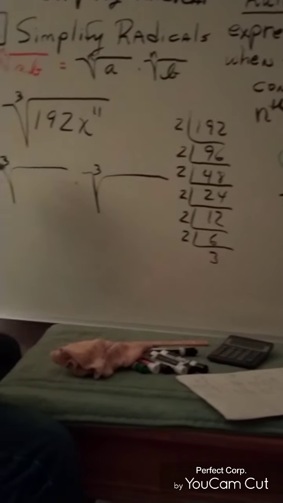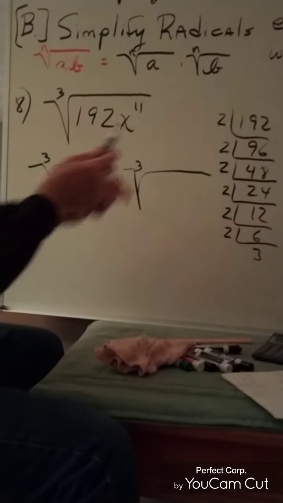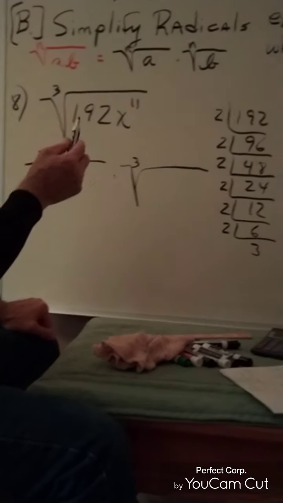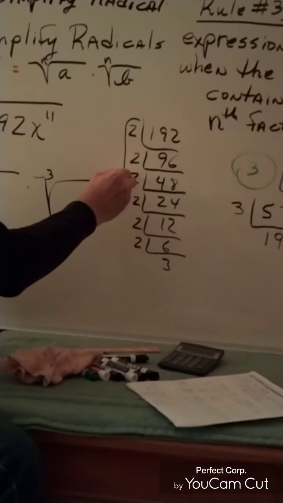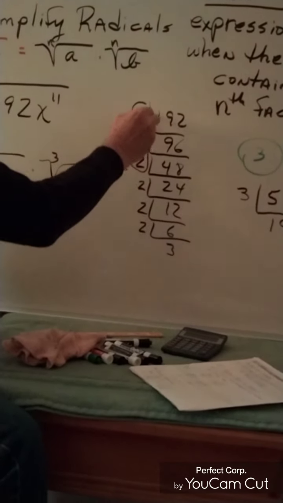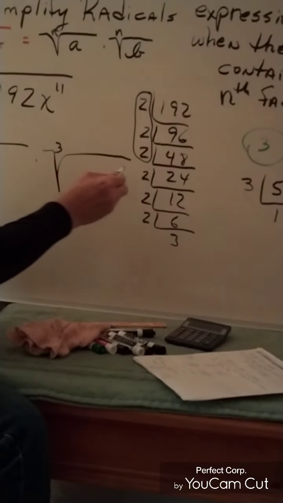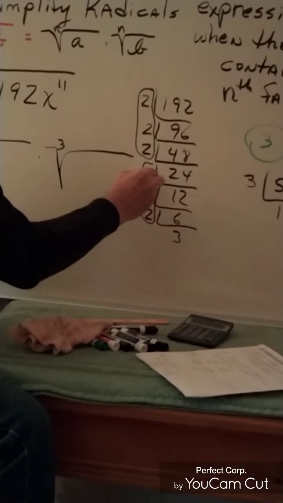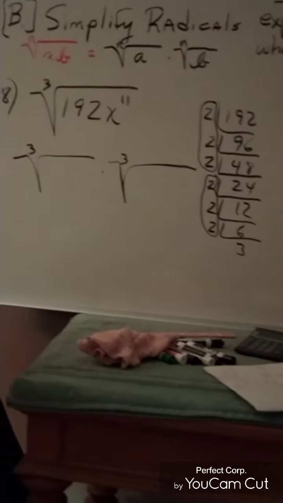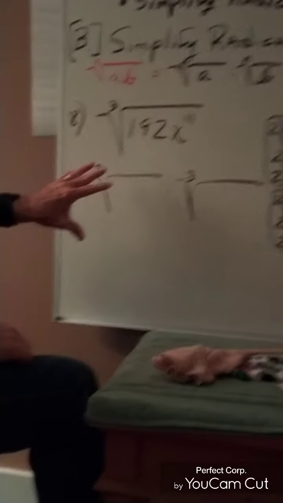Your index is 3. We need 3 of a kind. We have 3 of a kind here. We have another 3 of a kind here. Now, folks, I want to slow this down.